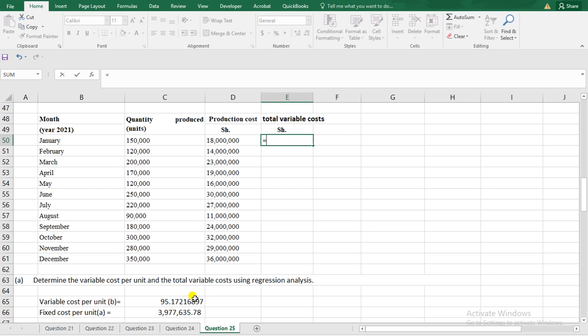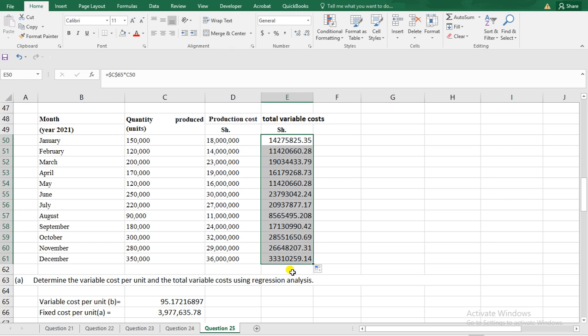So I'll just take that times my number of units, to give us that much. I'm going to lock the variable cost per unit, because it will be constant all through, so that if I drag it down, my formula will be the same. Alt equals sign, enter, to give us our total variable cost.